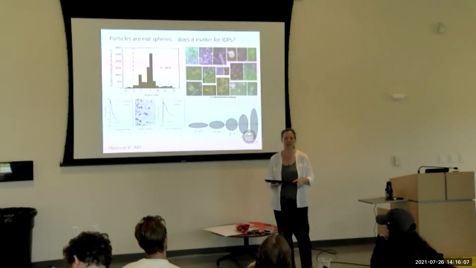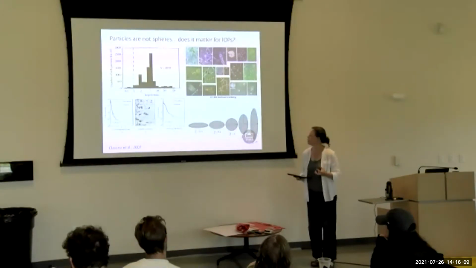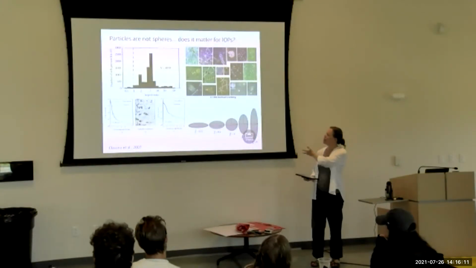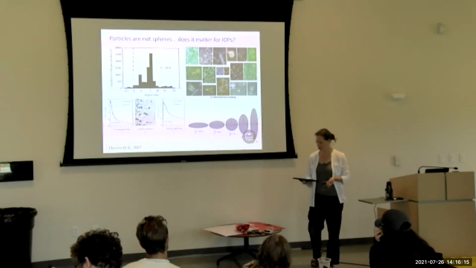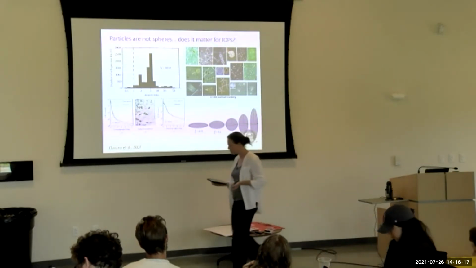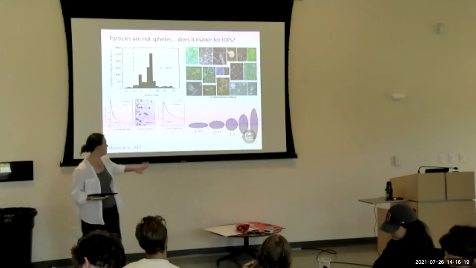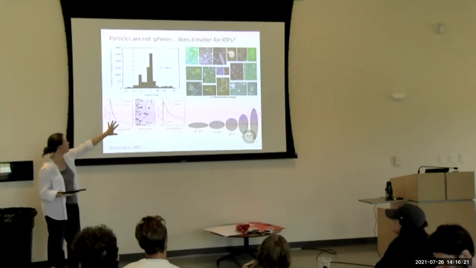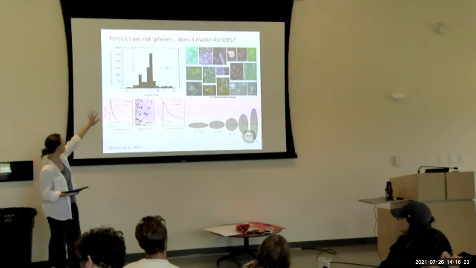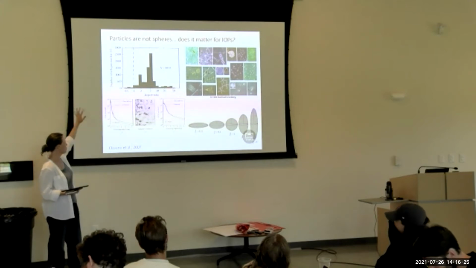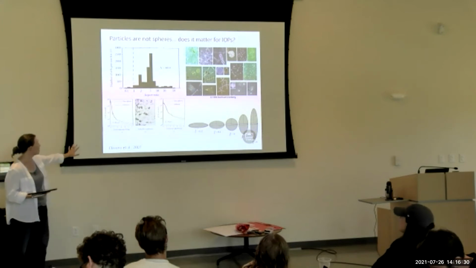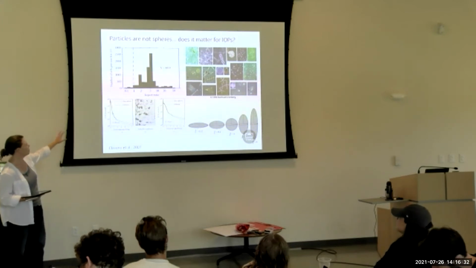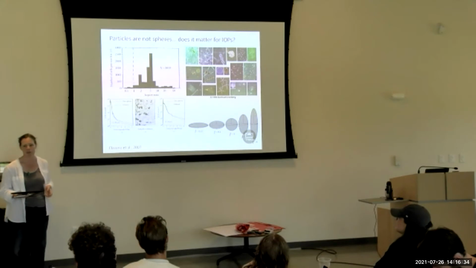Okay, so size, composition. What about the non-sphericity of particles in the ocean? So we know that particles aren't spheres. This is a summary, so the phytoplankton shapes, I think you've already seen that. The rest of the figures on here are a summary from a review paper by Wilhelmina Cabano in 2007, where she took a data set from San Francisco Bay.